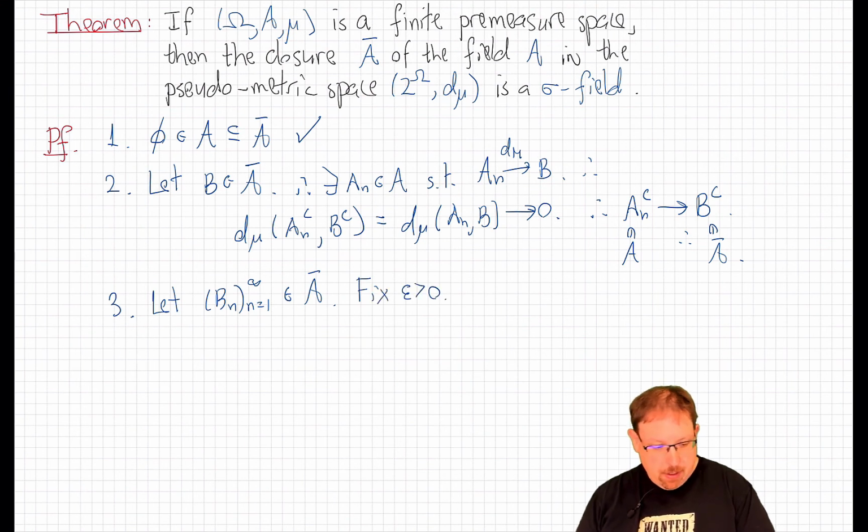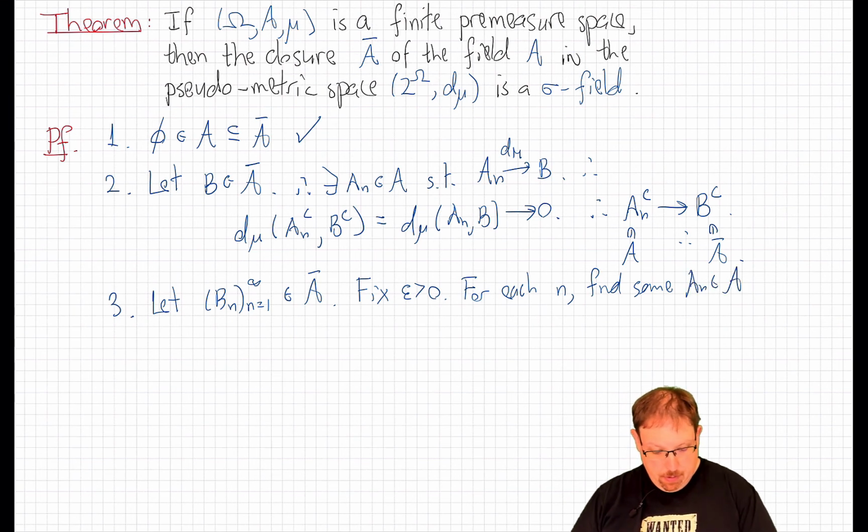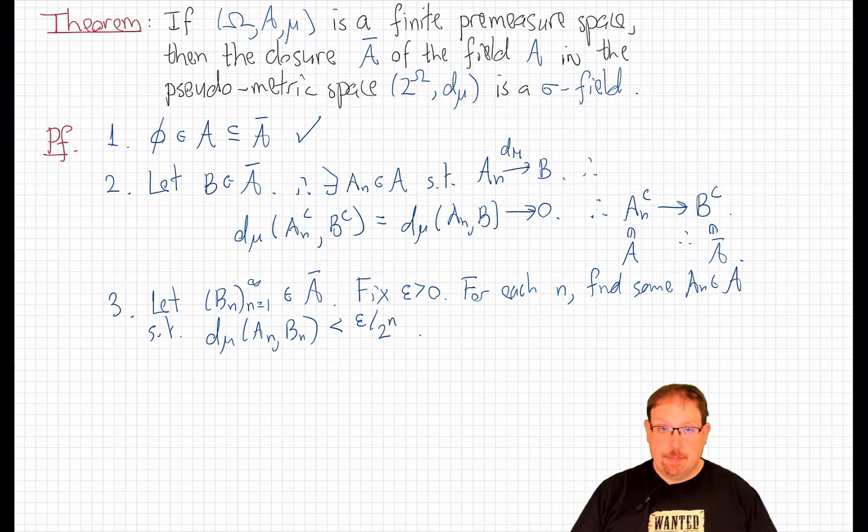Fix some tolerance epsilon, and for each n, we can find some A_n in the field whose distance from B_n is as small as we like, because B_n is in the closure, so we can make it less than epsilon over 2 to the n.